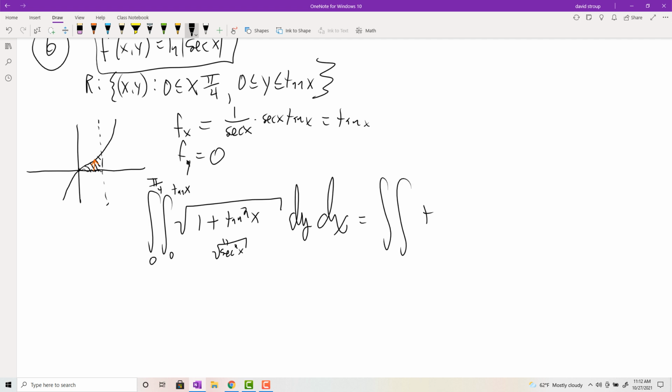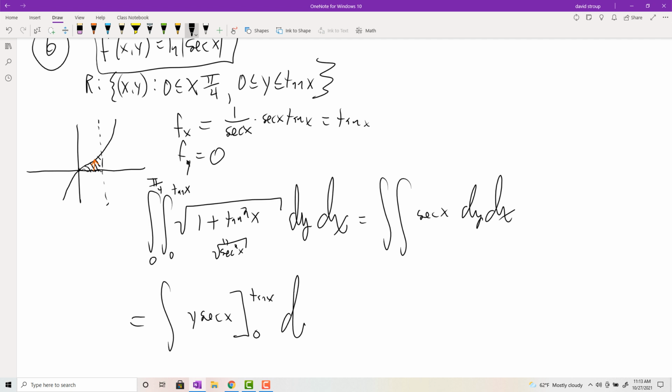So double integral of secant x dy dx, integrating with respect to y. That's just going to give me y times secant x from 0 to tan x. This ain't so bad. Don't know why I picked this one.